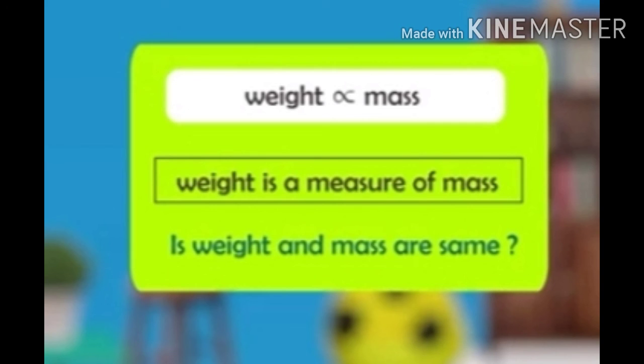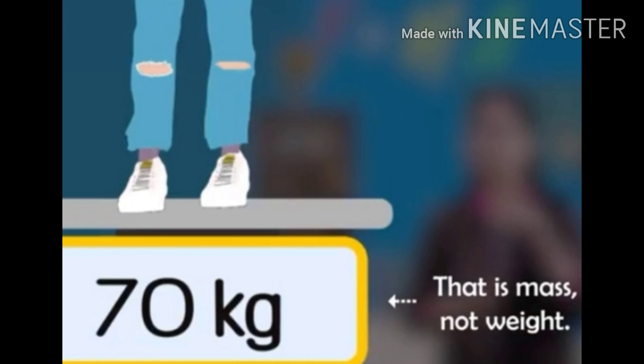That is not the weight, that is mass. We should say we found the body's mass. Suppose I am 60 kg, that is not my weight, that is my mass. Clear? Weight is different in different places, whereas mass is the same all over.